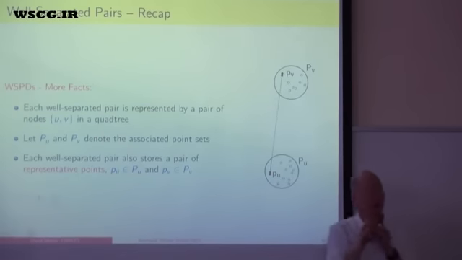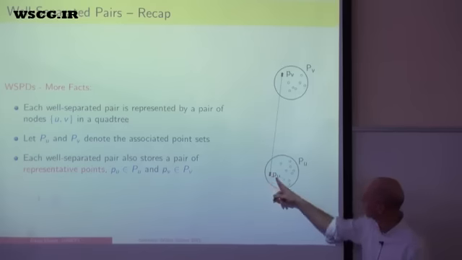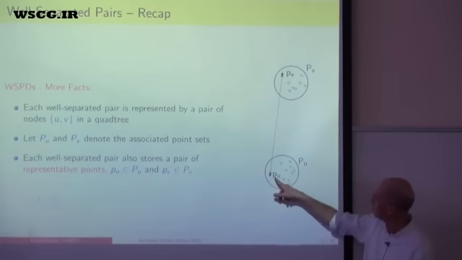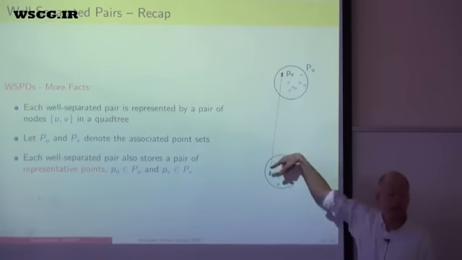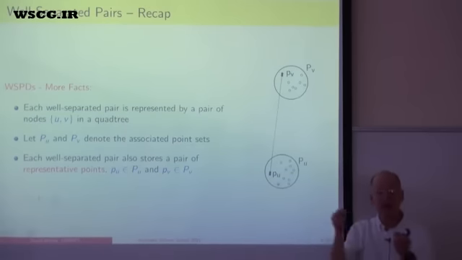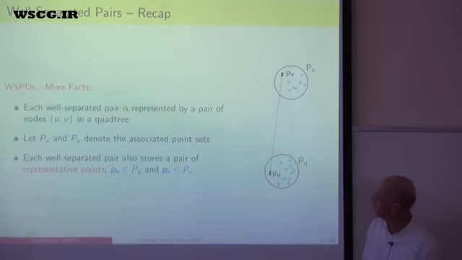You might think that if I do a more careful job of selecting the representative pair, I could get a more accurate representation for the minimum spanning tree. For example, the better choice might be to pick the closest pair between these two sets, right? If I want to minimize the edge length, rather than picking this pair of points, perhaps I should pick the closer pair.